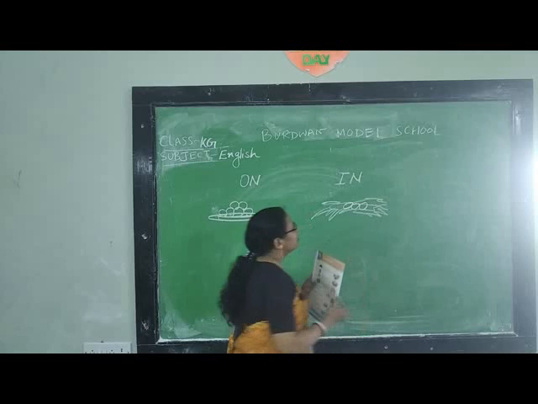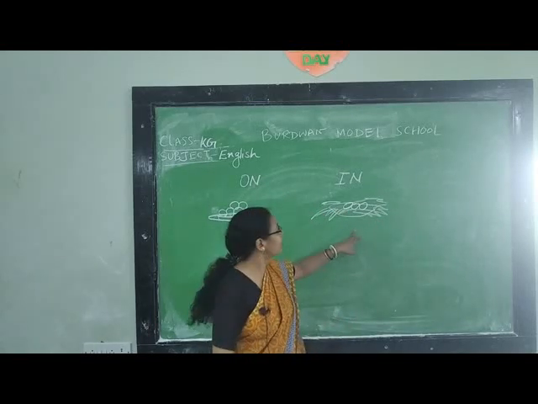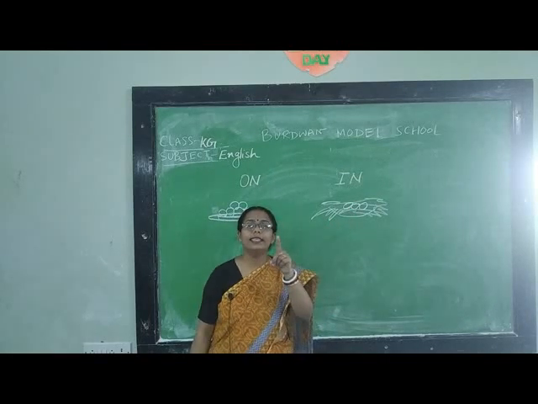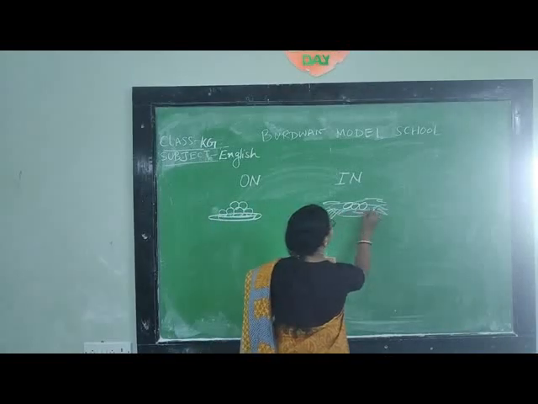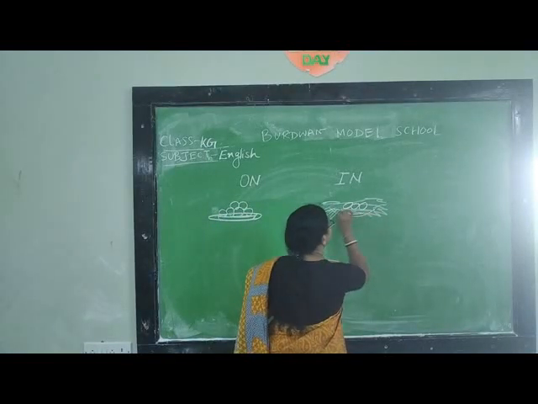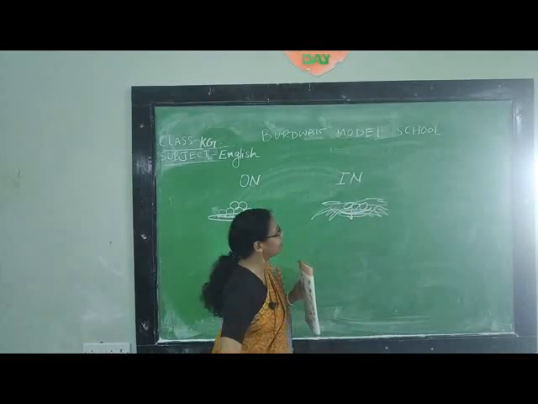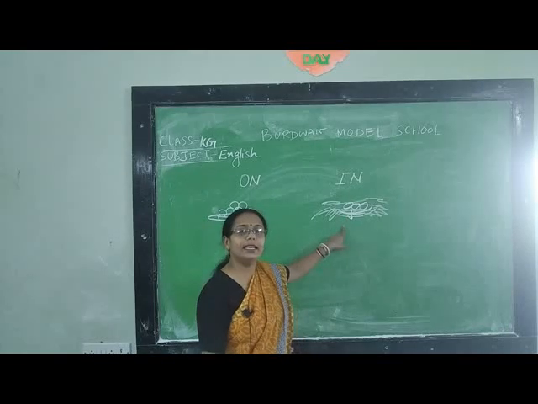The nest has a little bit of depth. So are the eggs on the nest or in the nest? In the nest, because a nest does not have a plain surface, it has some depth. So we will say eggs are kept in the nest.